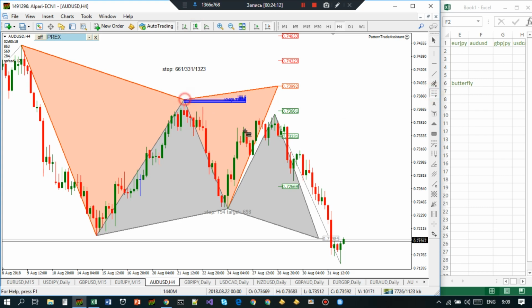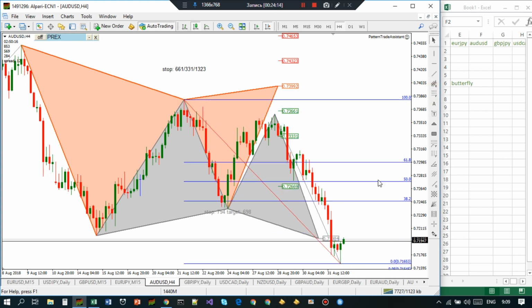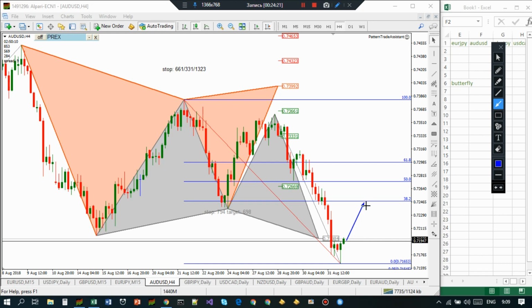Conventional targets are the 3, 2 and 6 1A. Basically what you need to do, if price reaches the 3, 2, you close half position and you place your stop loss to break even, which is here. And then if it reaches the 6 1A, you close your second half.